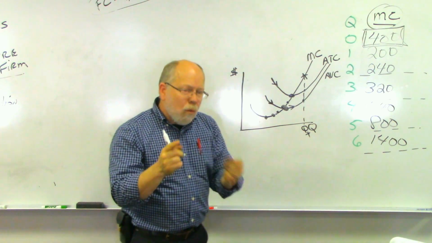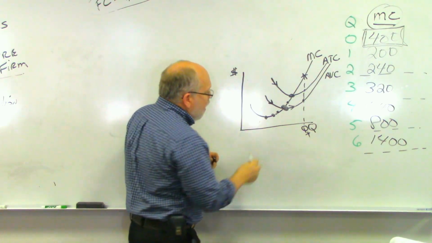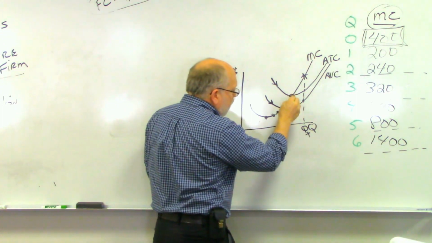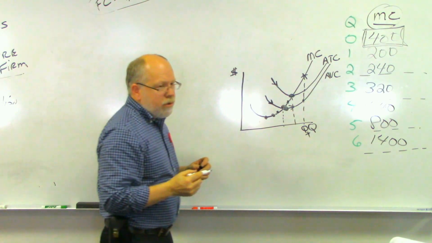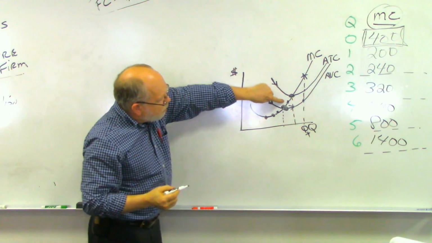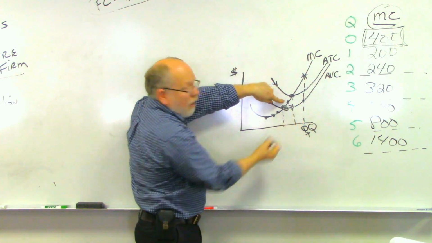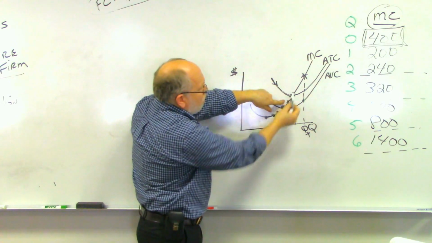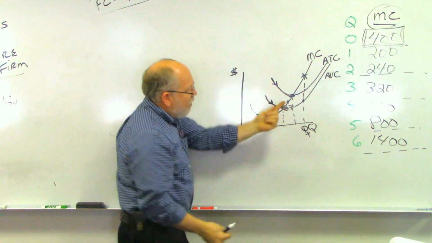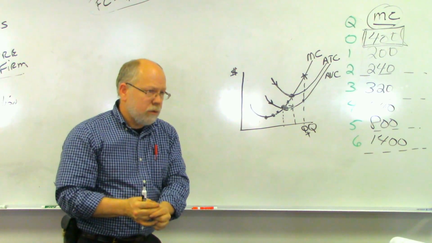There is only one section in which we have a strange phenomenon, and that's between this point and this point, when the marginal cost is somewhere in between those two curves. When the marginal cost is between the two curves, it's bringing this average variable cost curve up. At the same time, it's still bringing the average total cost down, and that's because it's precisely between those two curves.